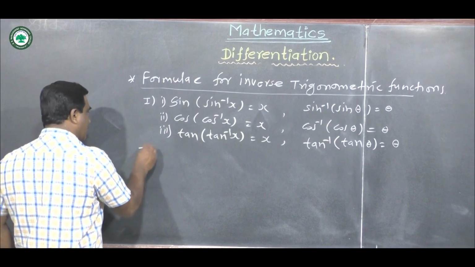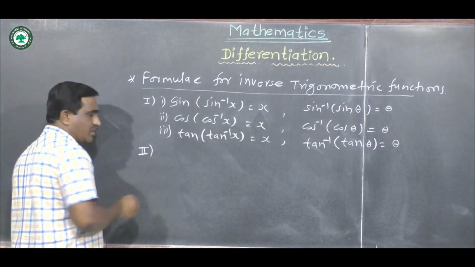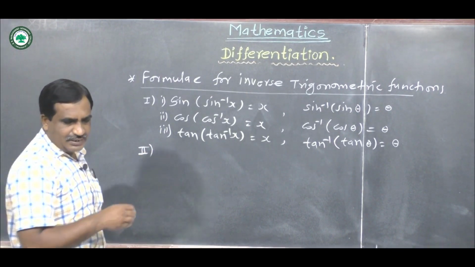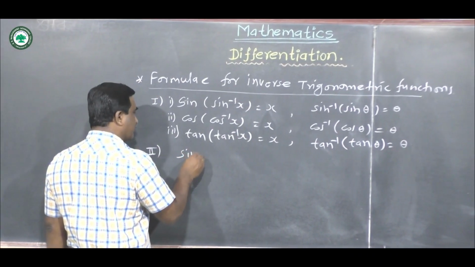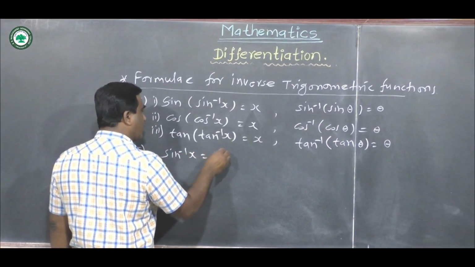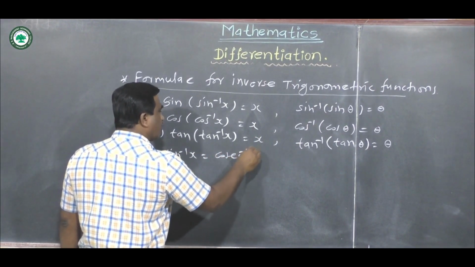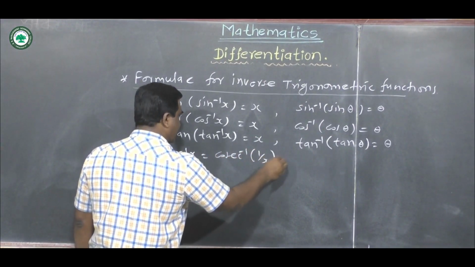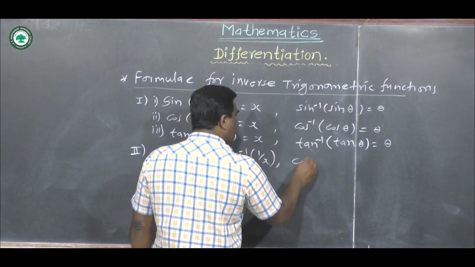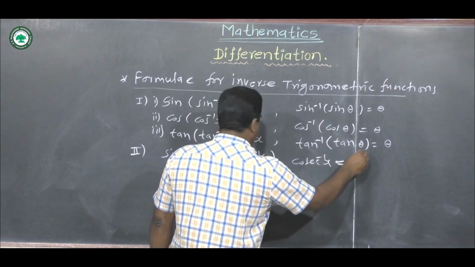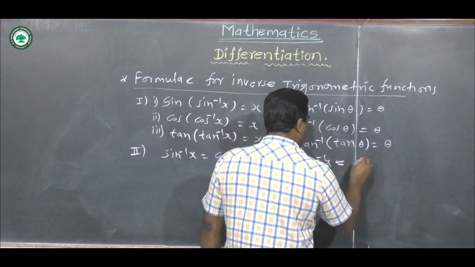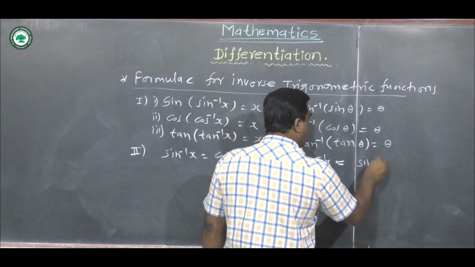Number second point here, reciprocal formula, that is sin inverse of x is equal to cosec inverse of 1 by x, or cosec inverse x is equal to sin inverse of 1 by x.